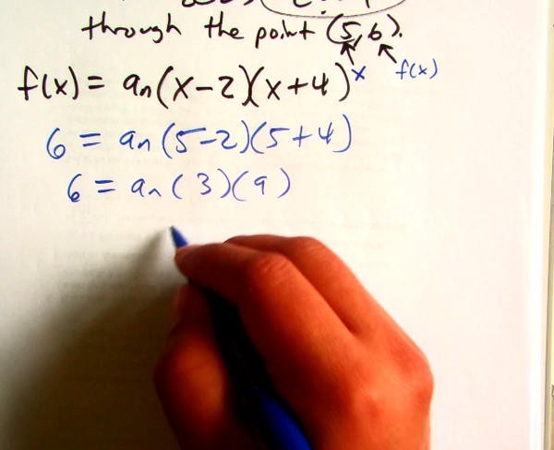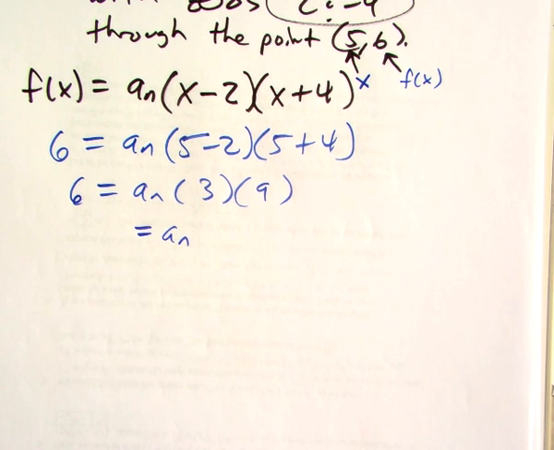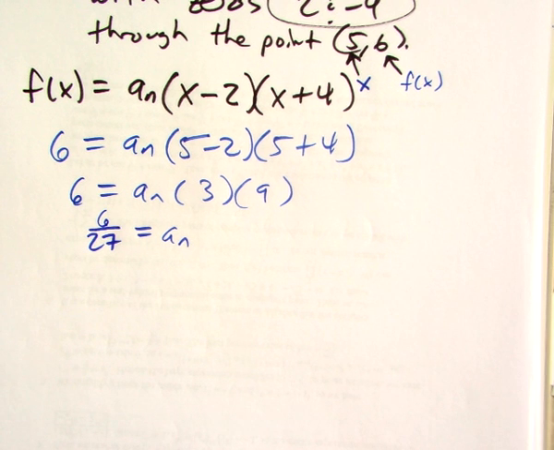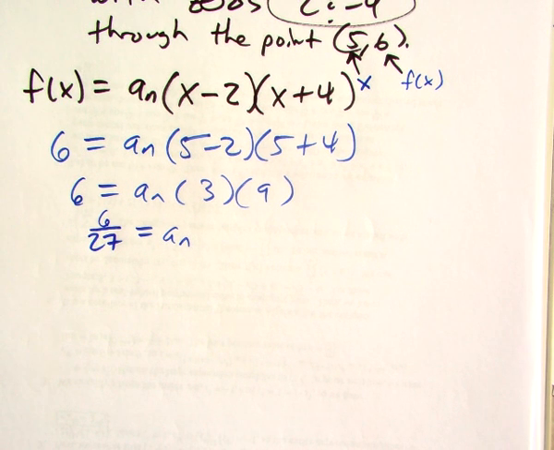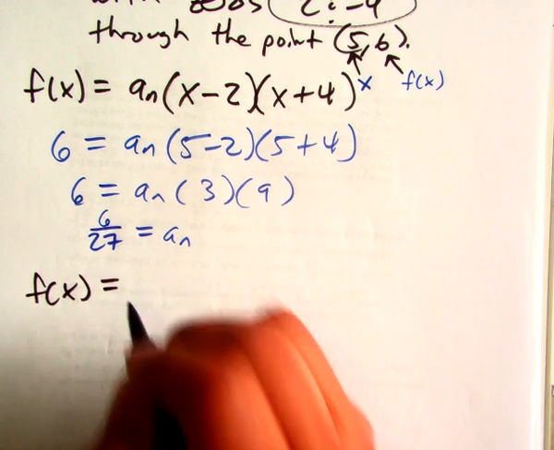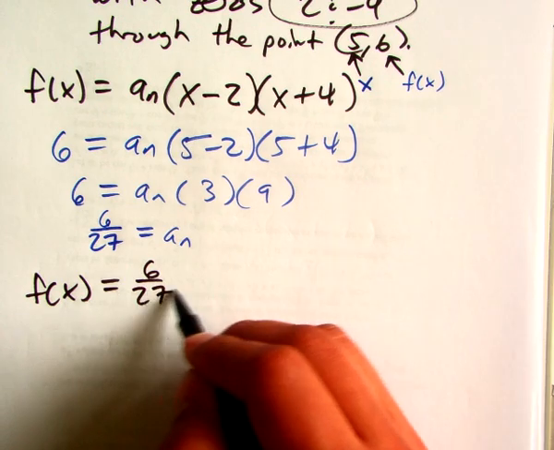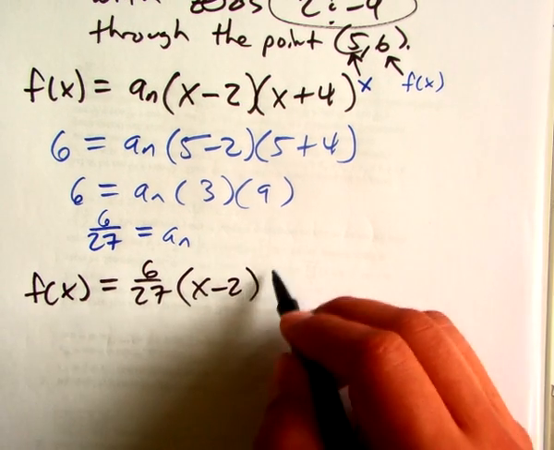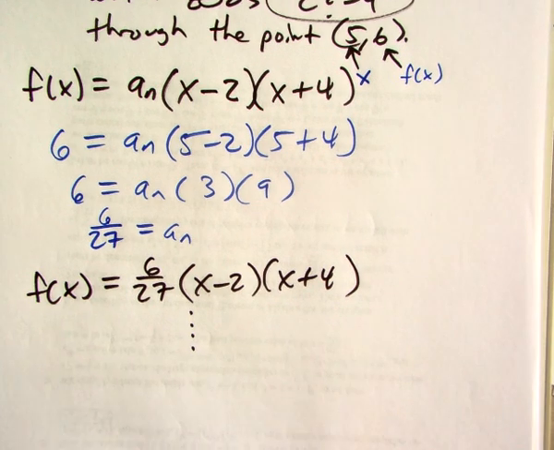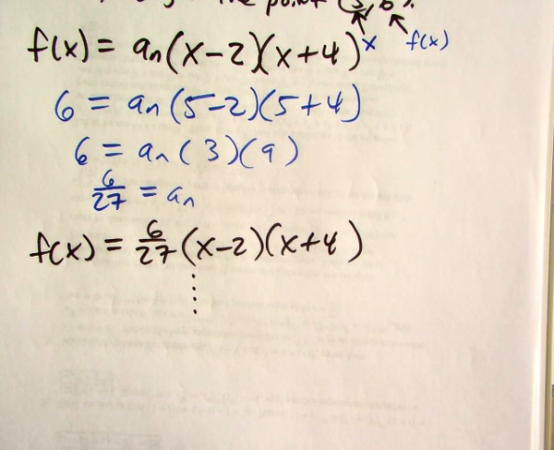So what's the lead coefficient if you solve for it? 6 over 27 is correct. And now all you would do is say f of x equals 6 over 27 times x minus 2 times x plus 4. And if you have to multiply it out, because maybe they want it in standard form, you know what to do from there.